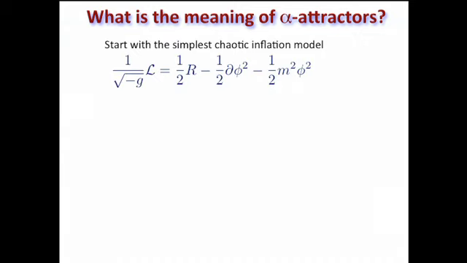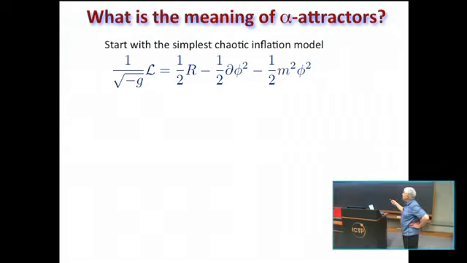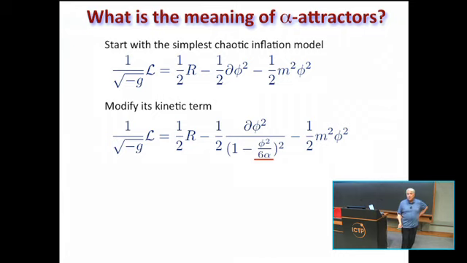So what is the meaning of alpha attractors? Alpha attractors are one of the most general and representative families of these cosmological attractors which we found. We start with m squared phi squared, and here is the kinetic term. Now we want to modify it a little, and that is the only modification which is required. You may leave m squared phi squared, but in the place where you have the kinetic term for the scalar field, we make a change.